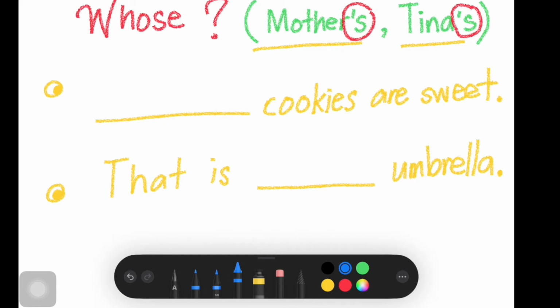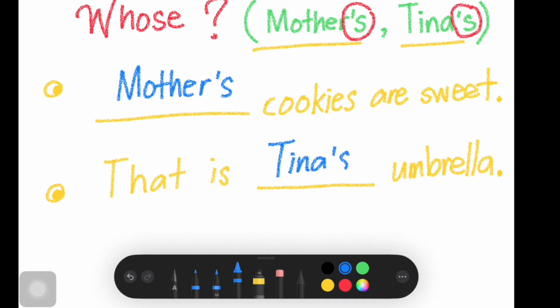Okay, so then the answer here is mother's. Mother's cookies are sweet. Okay? And the next sentence, you need to fill in the blanks. That is whose? It is Tina's umbrella. Okay. So that is an example.